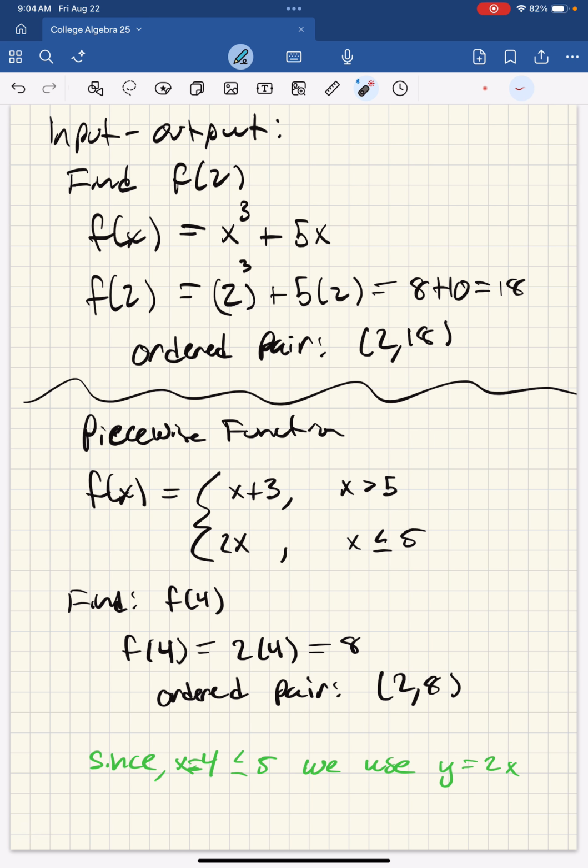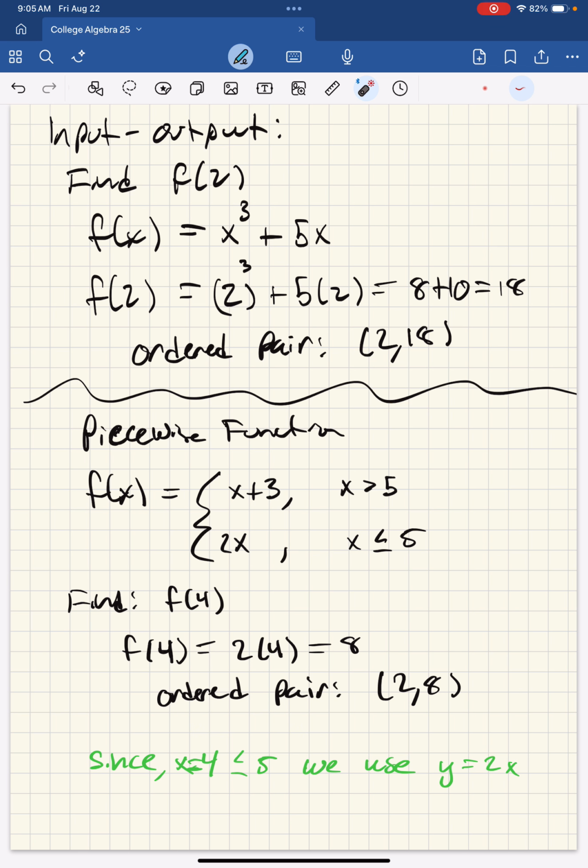So then we're going to practice input-output. So we're going to find f of 2, and when we find f of 2, we replace x with 2.